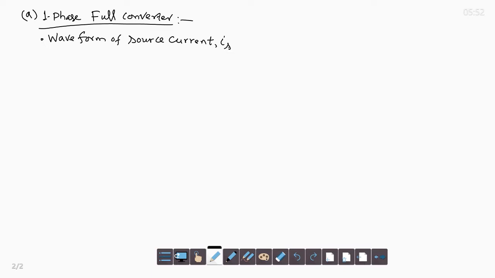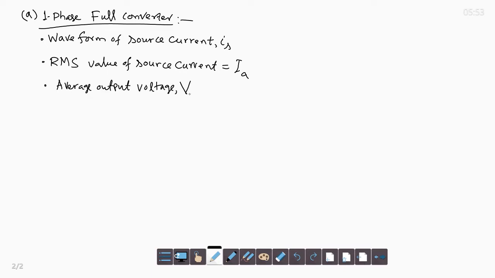So what is the RMS value of the supply current? Because it is a square wave with plus Ia and minus Ia, the RMS value of the supply current is Ia. One more thing, what is the average output voltage? That is Va, that is Vdc maximum value into cos alpha.